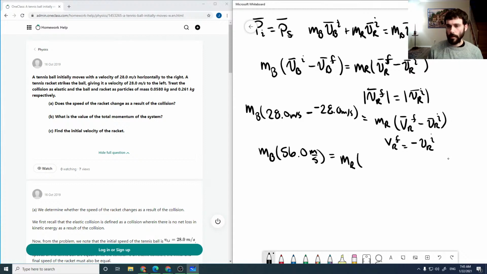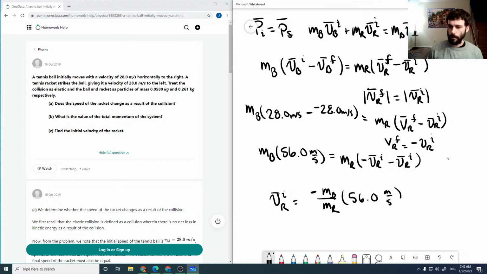And so then this would be minus v_R initial, or our racket's initial velocity must be minus m_B over m_R times 56.0 meters per second, divided by 2 as well, because there's going to be 2 of them.